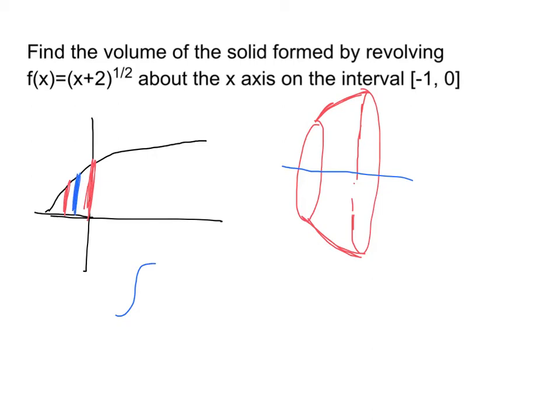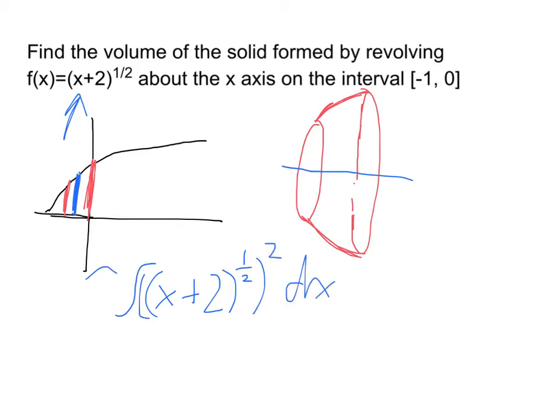And that distance is from the x-axis up to the curve, and the curve's that function. So (x plus 2) to the 1/2, squared. Drop a pi on the outside, and we're going from -1 to 0.